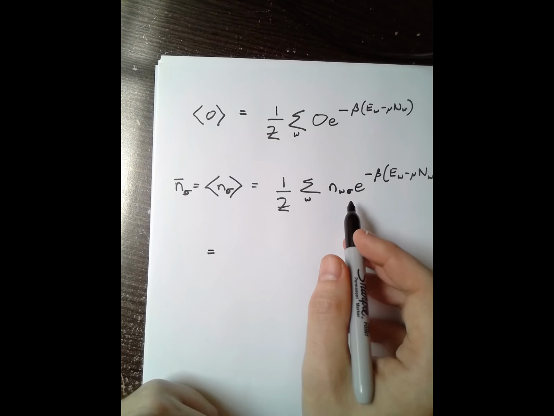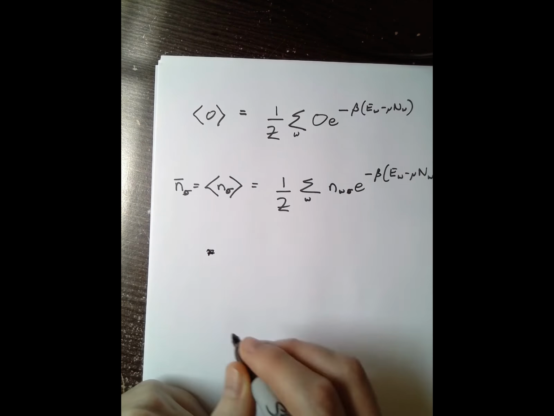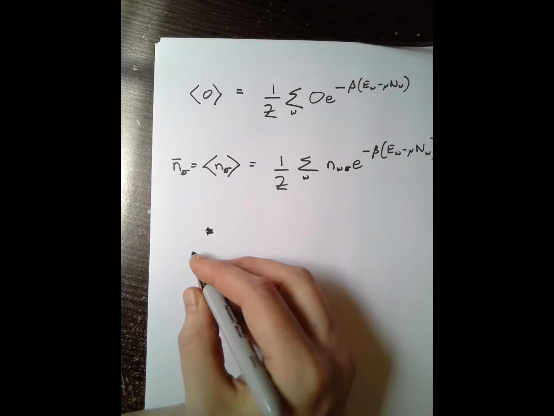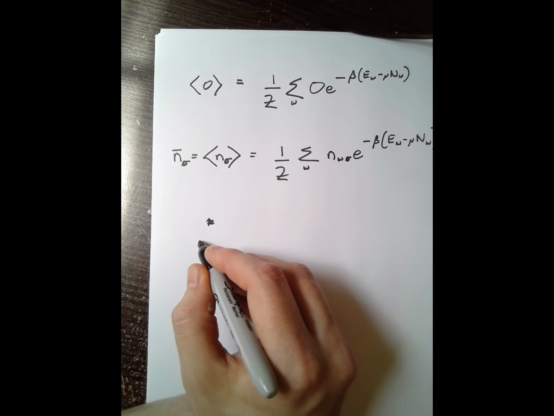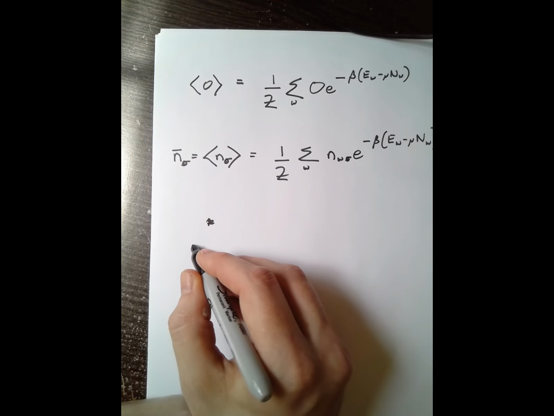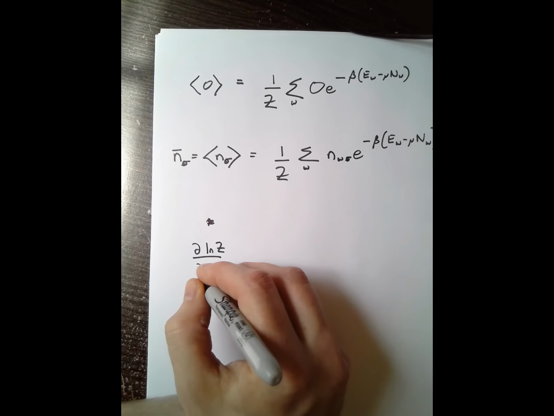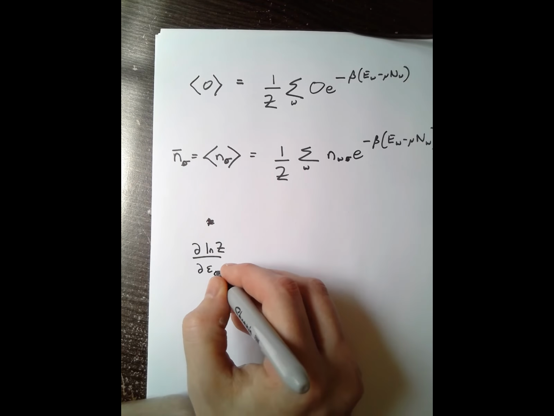But I can get this because, let's take a step back. Let me derive this working from what I know the answer to be backwards, just to make things a little quicker. Let me take the derivative d log z with respect to a particular single particle energy epsilon sigma.